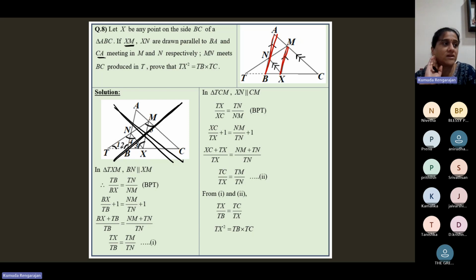Only then can you get a result like this. You cannot just take triangle ABC because the lines are parallel; that will not work.